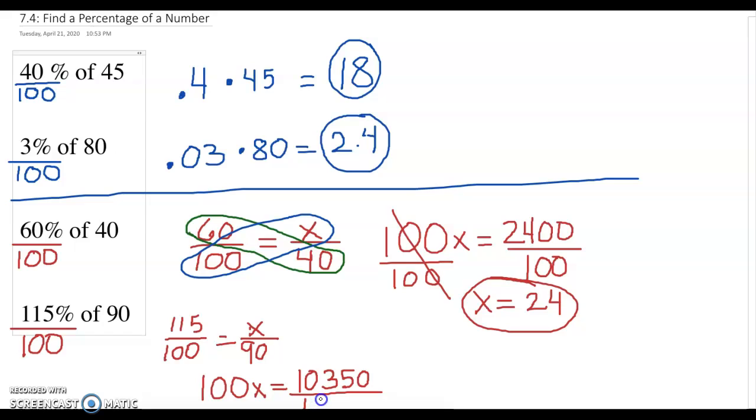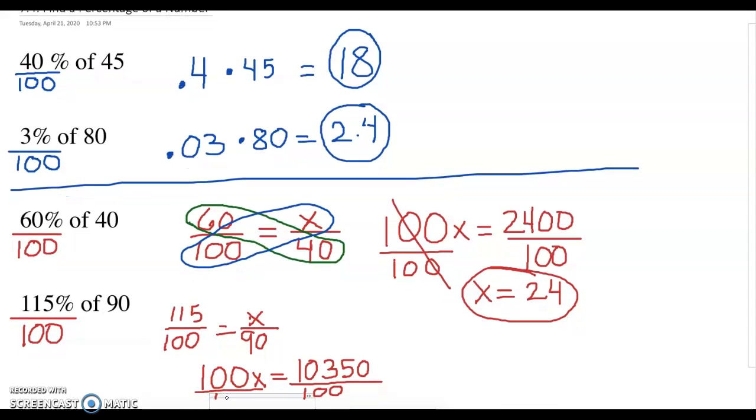Put it over 100, so we can cancel that out. Now we have 10,350 divided by 100. x will now equal 103.5.